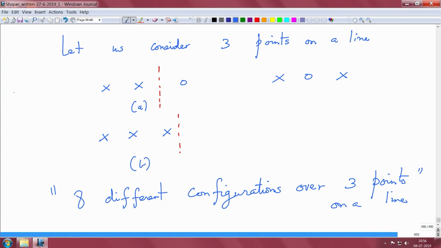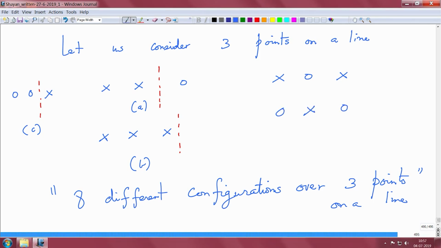I have a circle here, and a cross, that is also no problem. Let me call this configuration C, right. Like this you can enumerate, but the point of interest would be configurations like this, a cross, a circle and a cross, or possibly a circle, a cross, a circle, right.